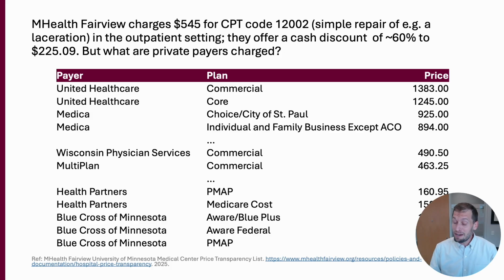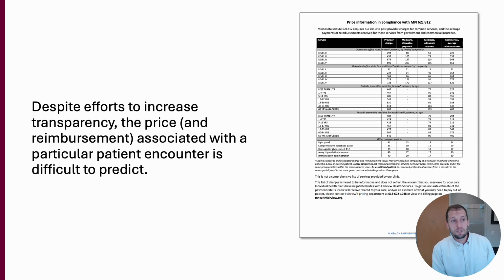How did they come up with these numbers? It's all contract negotiations, and a lot of these are secret. I'd love to be able to show more details, but all this stuff is kept confidential. And so despite efforts to increase transparency, ultimately the price and reimbursement associated with a particular encounter is really difficult to predict.